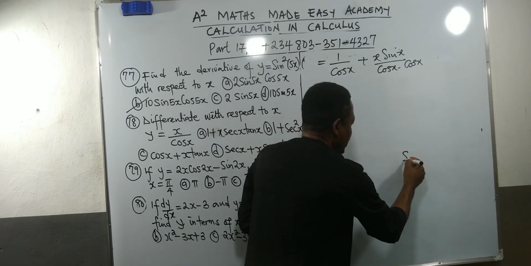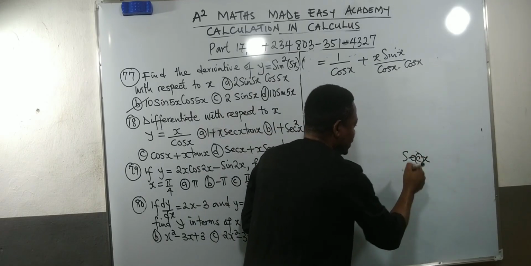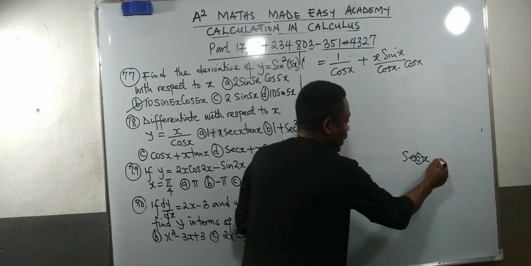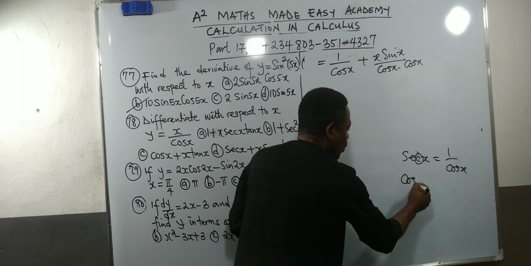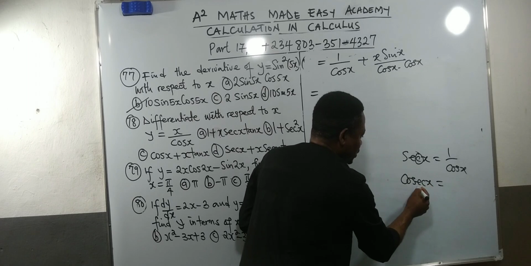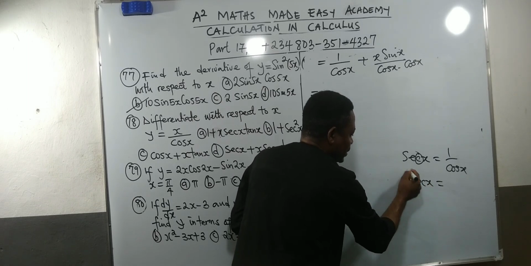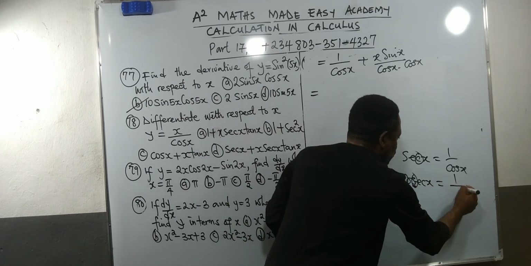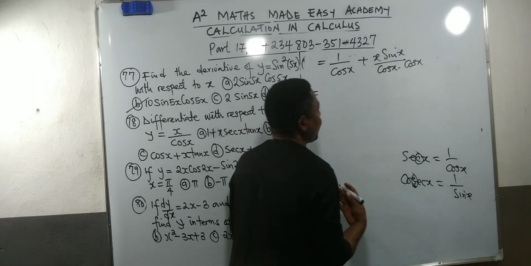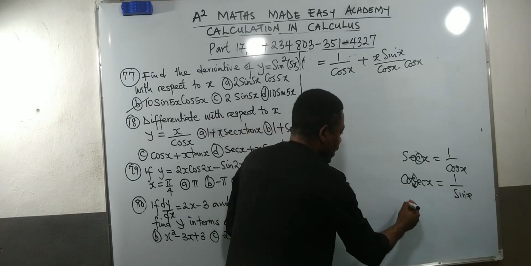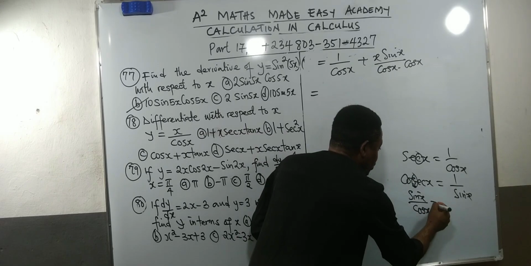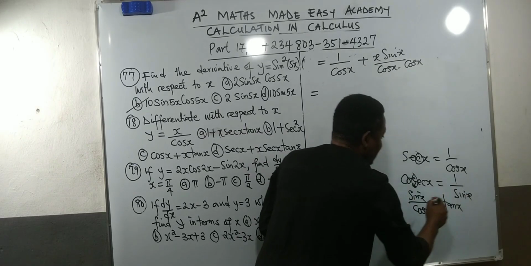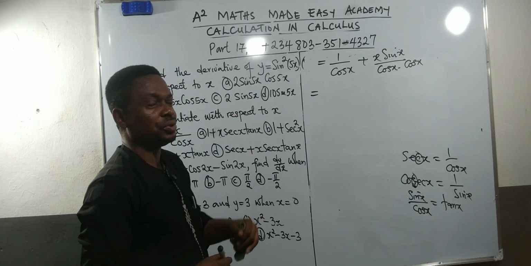Let me remind you, anytime you see sec x, this is c, after the 2 letters, it's the same thing as saying 1 over cos x. If you have cosec x, this is the 2 letter, after the 2 letter, this is x, and x means 1 over sine x. Don't forget. Then which means again, if you are given sine x all over cos x, according to trigonometry, it is always tan x. Can we substitute now?